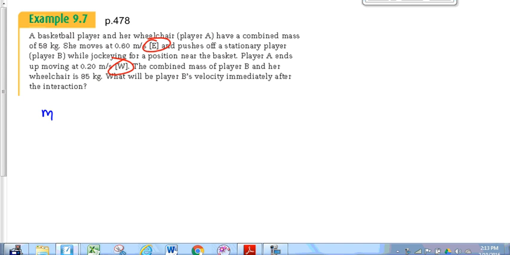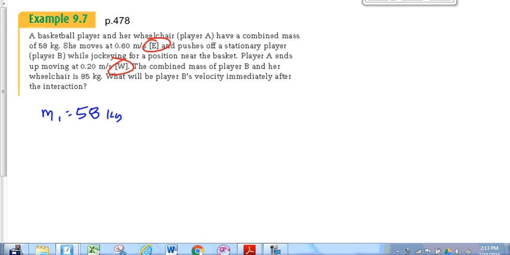I'm going to say M1 is 58 kilograms. I don't want to call it MA. You can if you want. But if I start introducing letters for the objects, then I'm going to have like MA, VA, VI, and the letters are going to just confuse me. I'm a math science guy, right? I don't like letters. Let's put numbers in there.